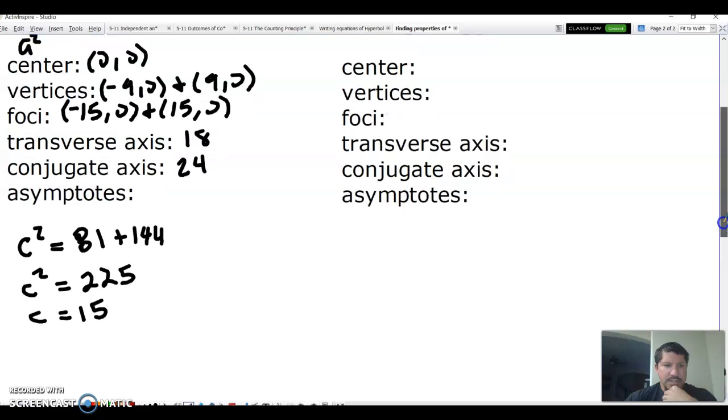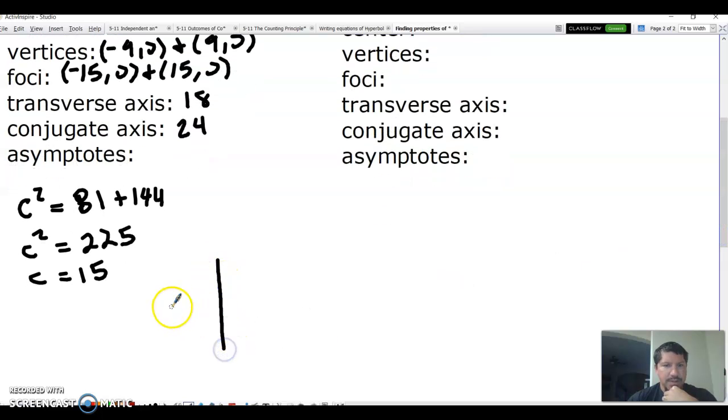So if I do a quick sketch of this for my asymptotes, so my center's here, right? I go up 9, and I go 12. Right, so my rise is 9. No, take that back. We'll be going the other way. My vertex is over here, 9.